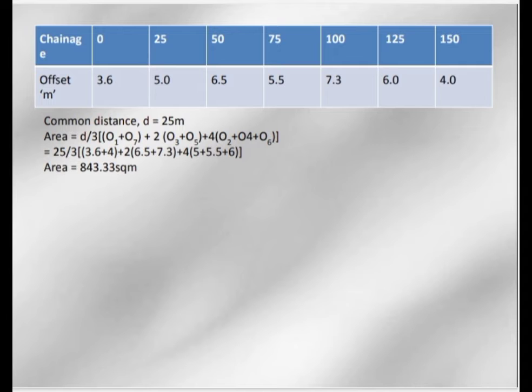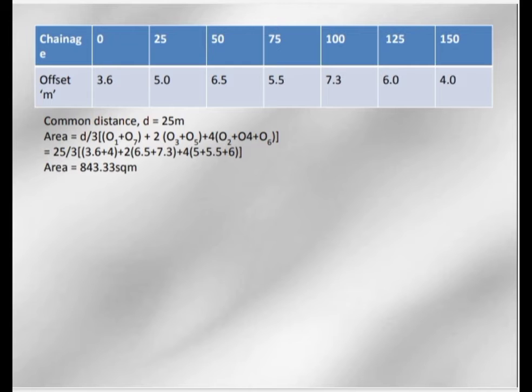See, the common distance is d is equal to 25. Then the area is d over 3, then O sub 1 plus O sub 7 plus 2, then O sub 3 plus O sub 5 plus 4, O sub 2 plus O sub 4 plus O sub 6.